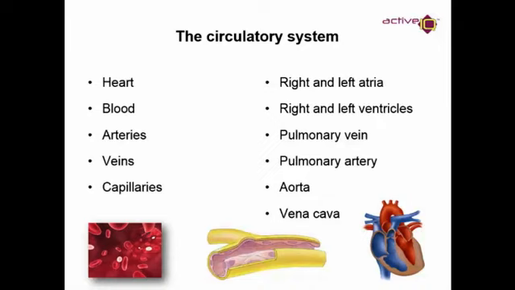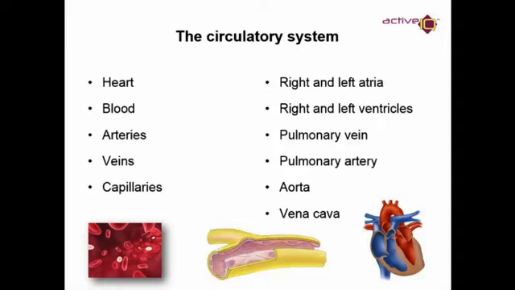We have something called the right and left atria, which are parts of the heart, okay? The atria and the ventricles are parts of the heart, and we have a right and left for both. So we have a right atrium, a left atrium, a right ventricle and a left ventricle, okay? And then just below that, in that bullet pointed list, we have the pulmonary vein, the pulmonary artery, the aorta and the vena cava.